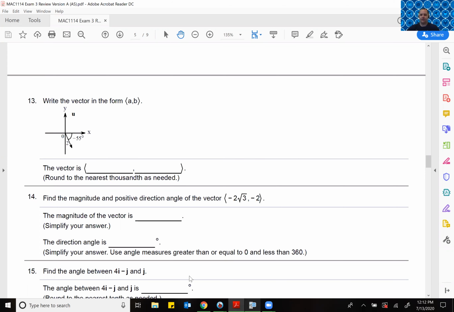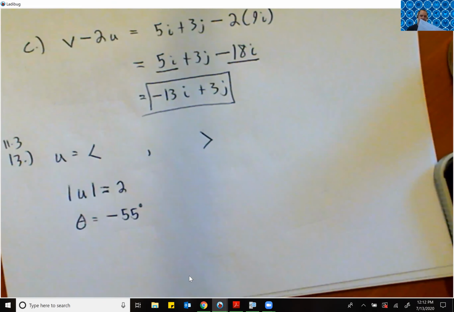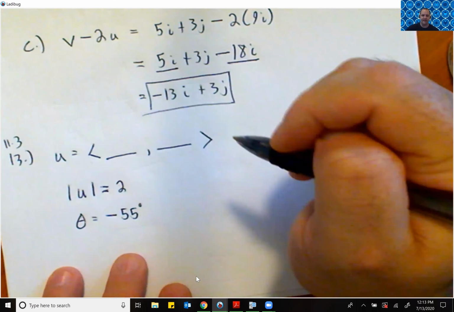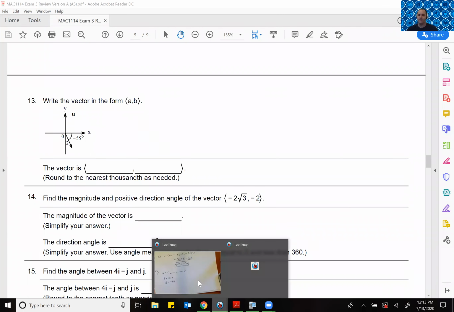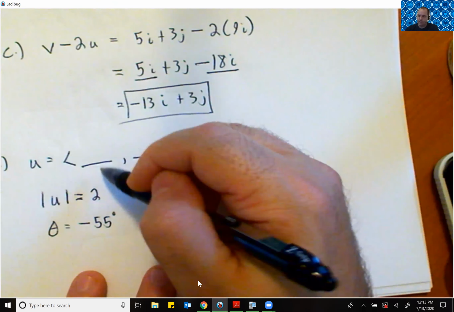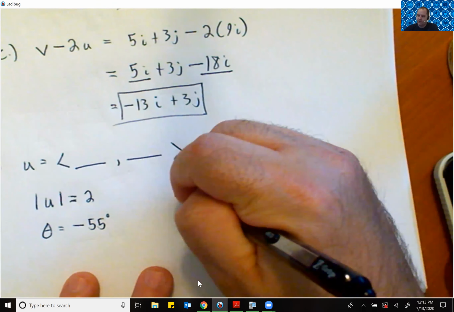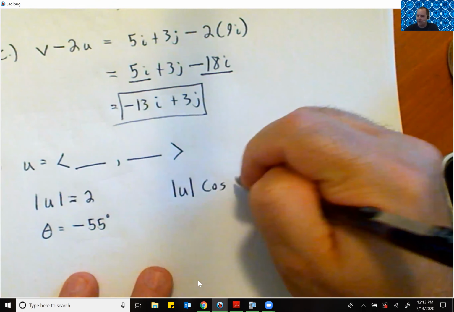All right. So again, this is what magnitude looks like. It kind of looks like absolute value. It's not absolute value. It's just magnitude. Okay? So in order to find the horizontal and the vertical component, that's what they're looking for here. And we're going to round to the nearest thousandth, so 3 decimal places. In order to find the horizontal, you're going to take the magnitude times cosine theta.